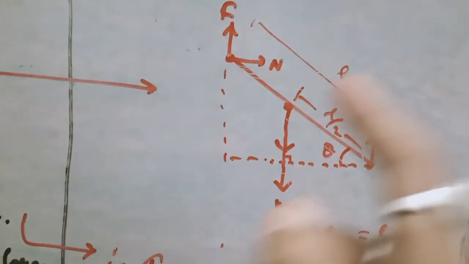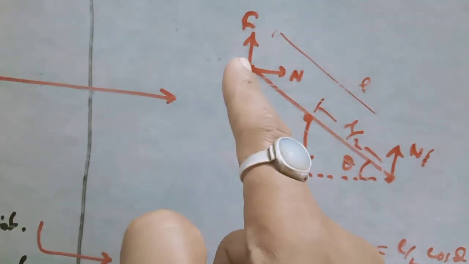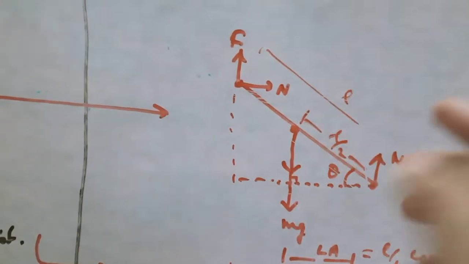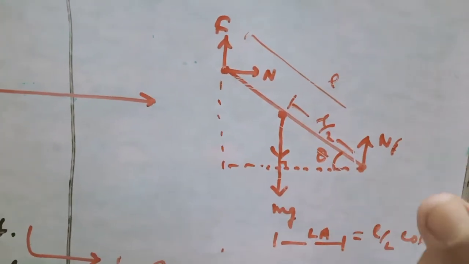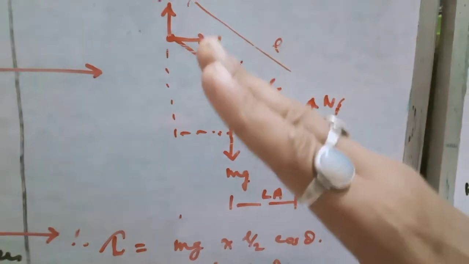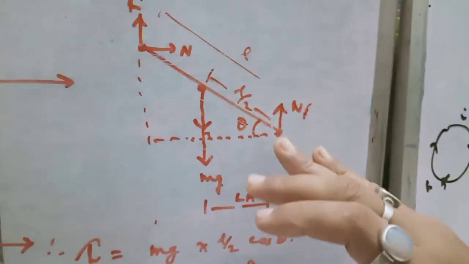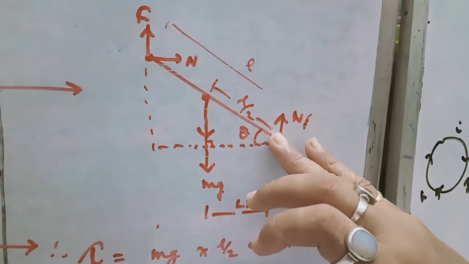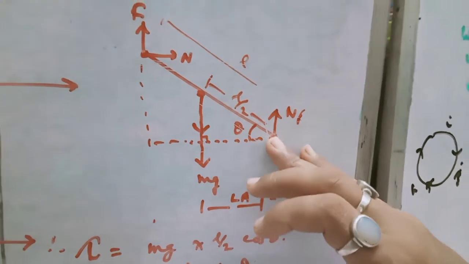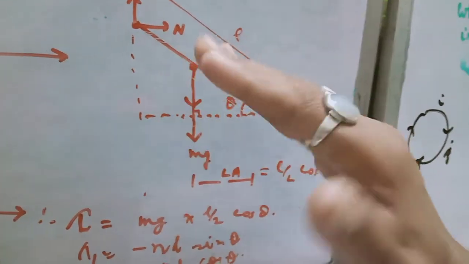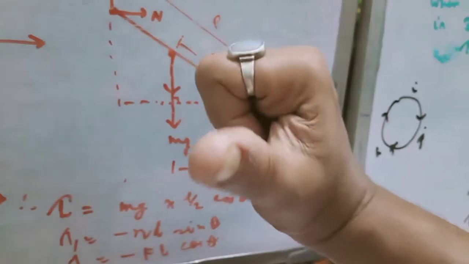Now we have to calculate the torque for F. Align my hand in this direction. This is the fixed point and this is the point of application of the force. Align this hand in this manner.